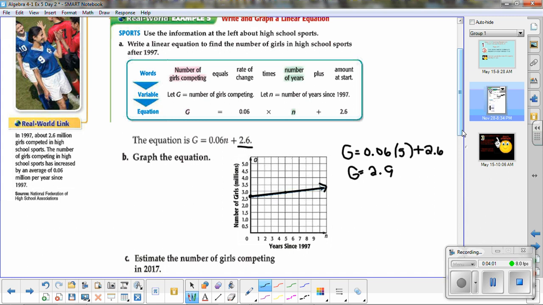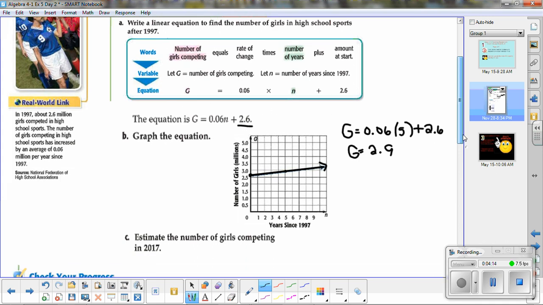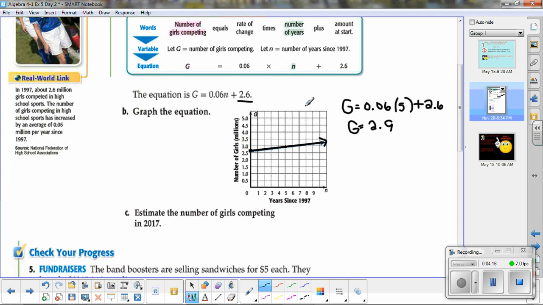Now part C says estimate the number of girls competing in 2017. Well, 2017 would be a total of 20 years since 1997. So we're going to plug in 20 right here for n. So the number of girls is going to equal 0.06 times 20 plus another 2.6 million.